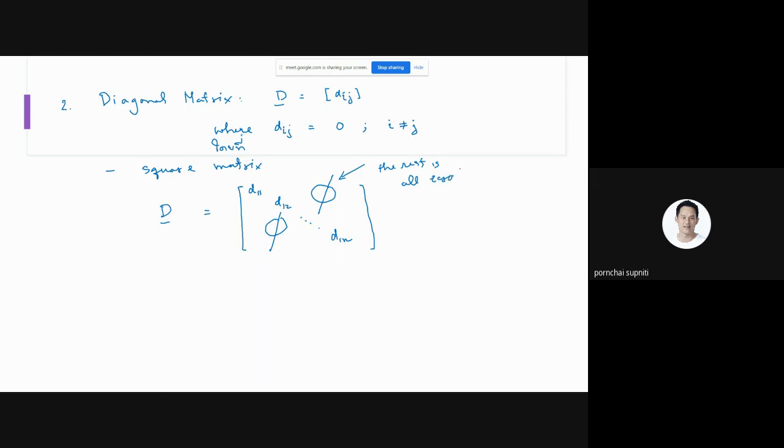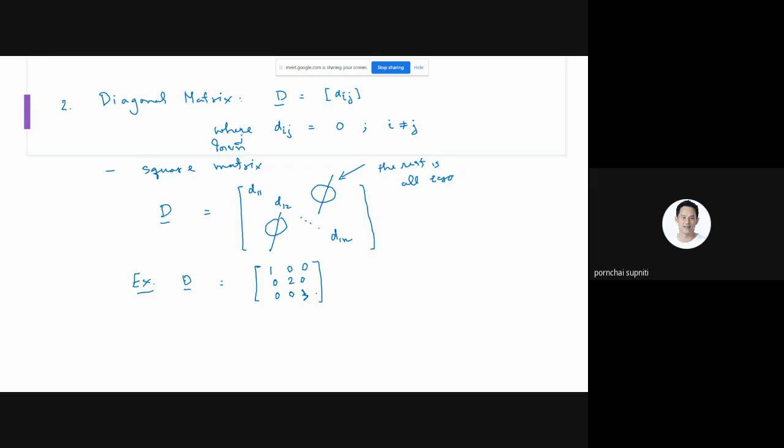For example, you may have a diagonal matrix as 1 0 0, 0 2 0, 0 0 3, something like that. An example.